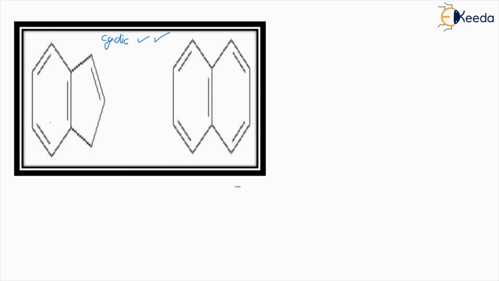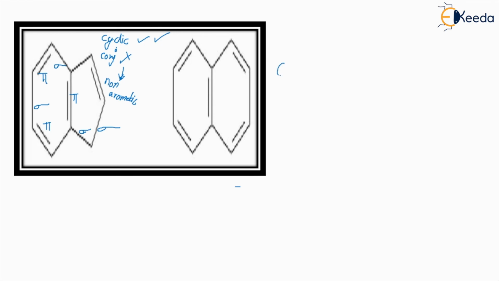Let's start from here. Pi, sigma, pi, sigma, pi. But over here if you see the sigma and sigma together, since there are two sigmas together, when it comes to conjugation, the first one is not conjugated and it directly becomes a non-aromatic compound.